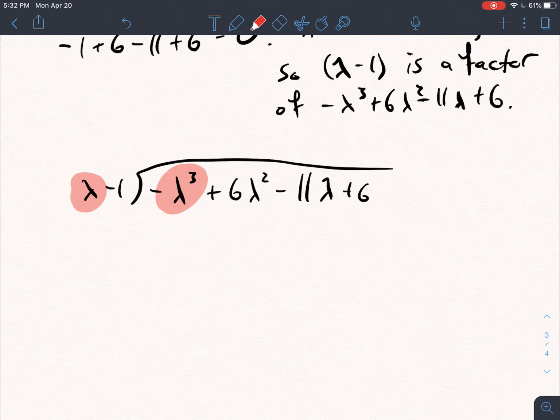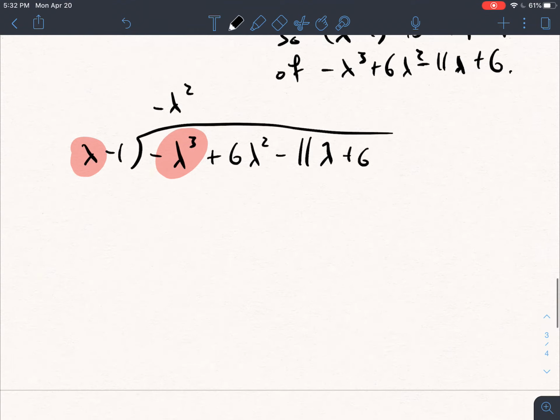You work from highest degree down. So I have a negative lambda cubed right here, and I look at the highest degree term of the thing I'm dividing by, which is lambda. So how many times does lambda go into negative lambda cubed? Well, lambda times negative lambda squared is equal to negative lambda cubed.